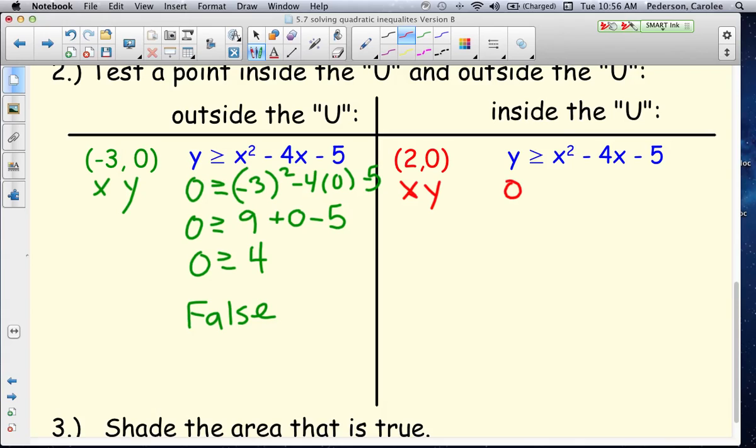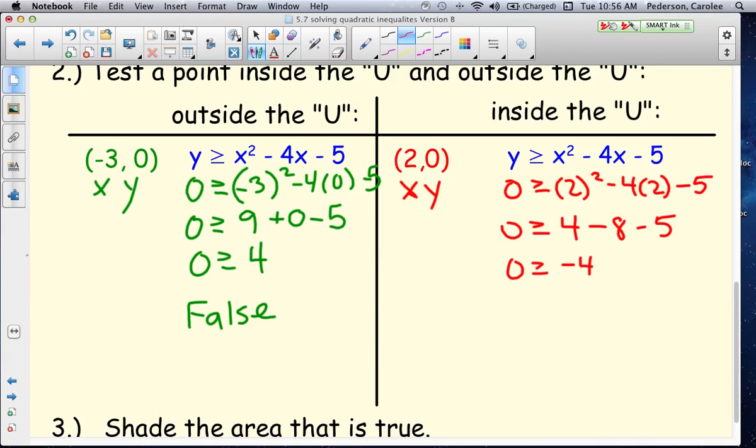So 0 is y, 2 is x, 2 times 2 is 4, -4 times 2 is -8, then 4 minus 8 is -4, -4 minus 5 is -9.